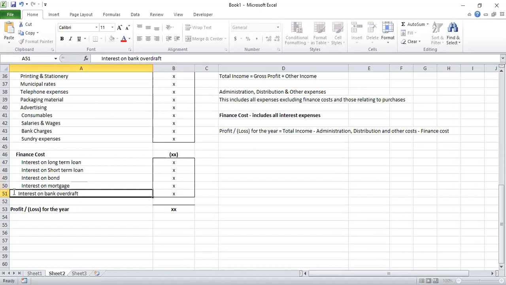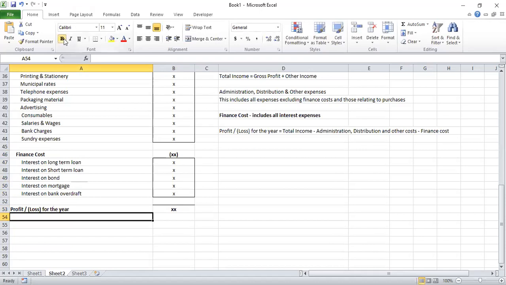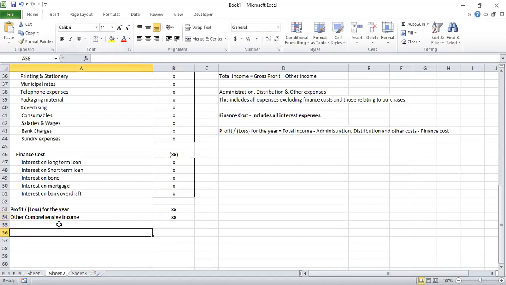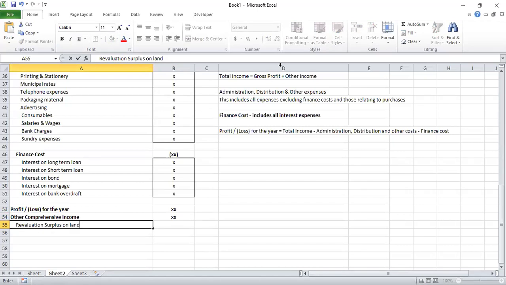Then we'll have our other comprehensive income. Here we normally have revaluation surplus on land. Right. I think here I didn't put one expense.